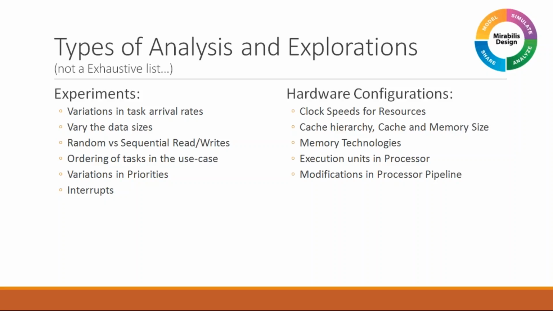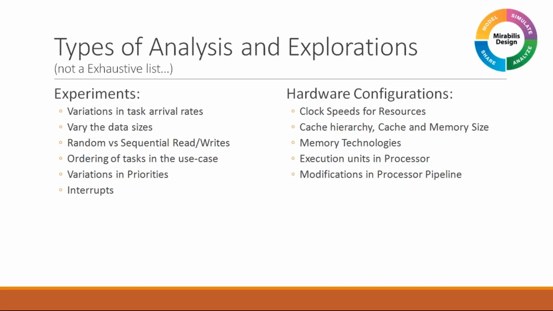Do I need to increase my buffer to be able to sustain all the tasks? And you can change the data sizes, and you can experiment with random read versus sequential read and things like that. And also you can experiment with the ordering of the tasks in the use cases as well.